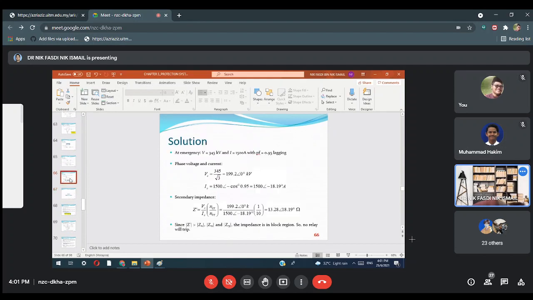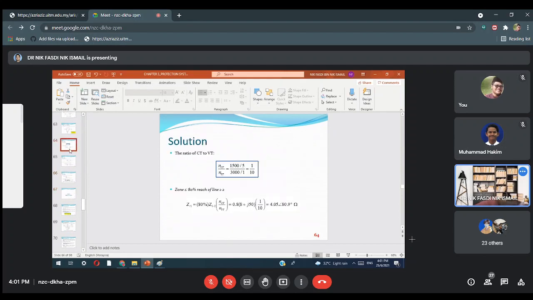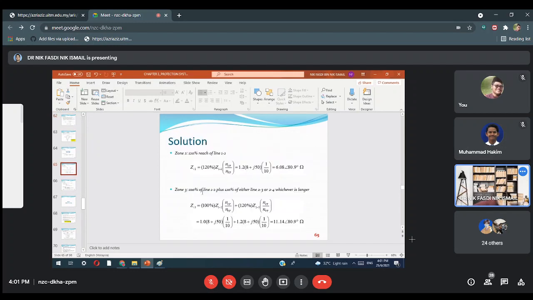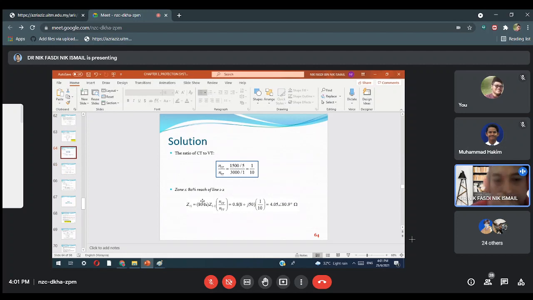The first one: R is 80% because R1 is 80%. Z12 from the question above is 8 plus J50. And then NCT over NVT.